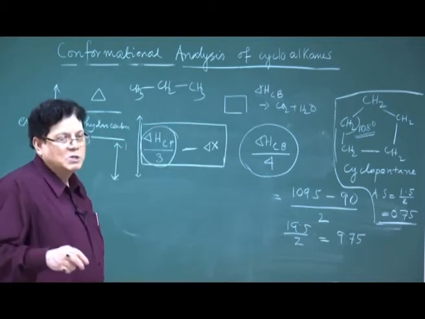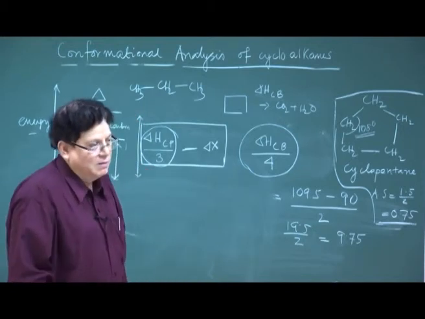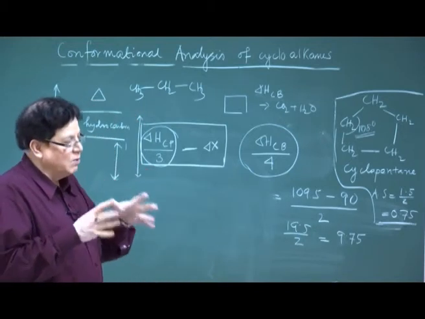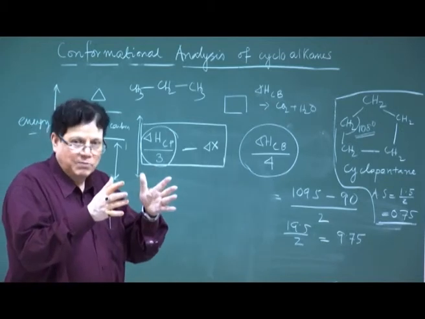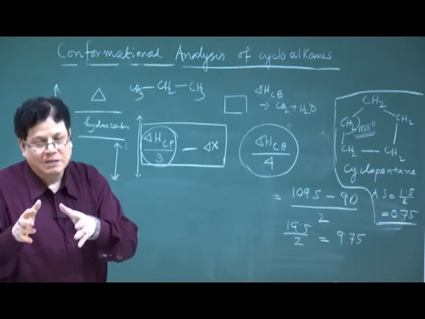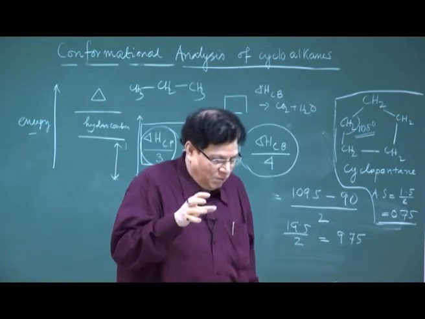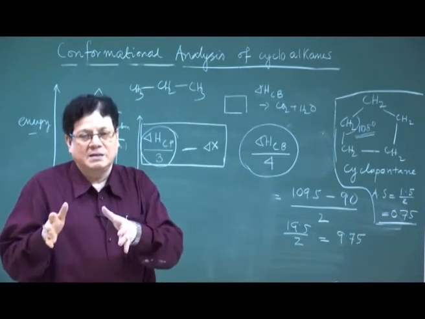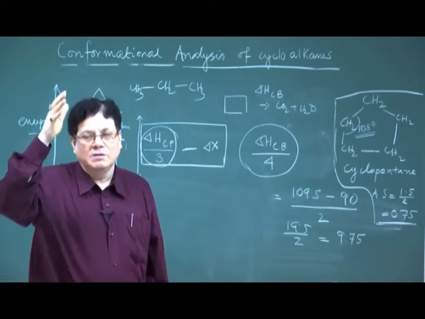Some books give the values of these cyclic systems by not only stating the heat of combustion, but also this difference: the heat of combustion per methylene for the cyclic system minus that for a methylene in an acyclic system, and then these values are compared for different cycloalkanes.